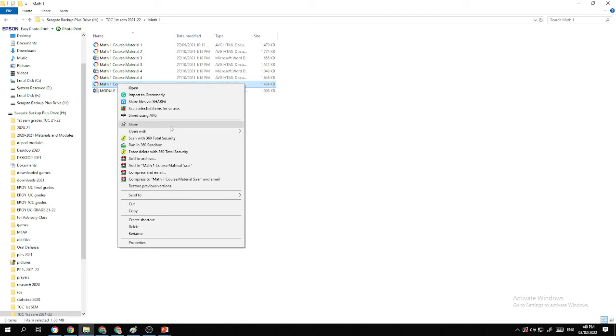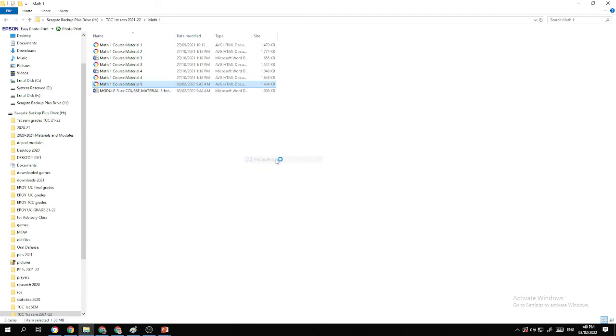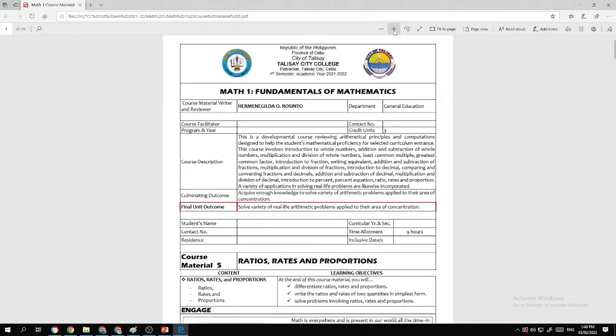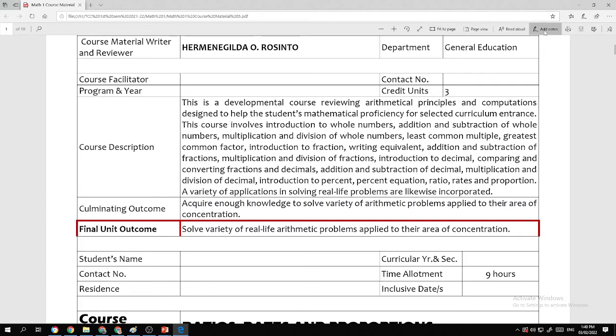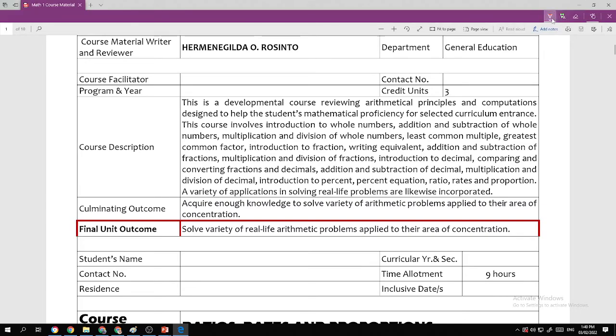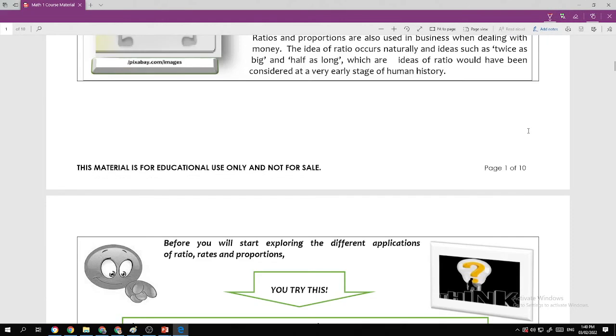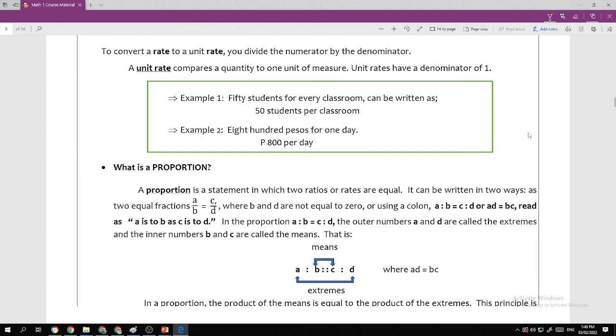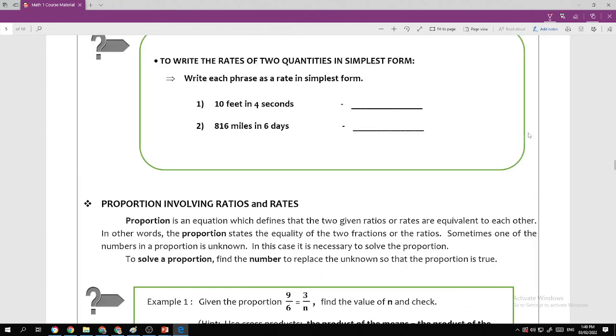Course material open with Edge. But I can write something here. For a while, class, for a while. Okay, there you go. Let's enlarge A. Then add notes. Let me change. It's red already. Okay, let's go to where we are in the critical thinking part.